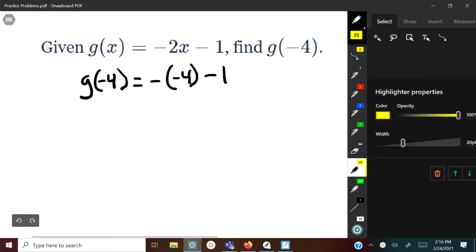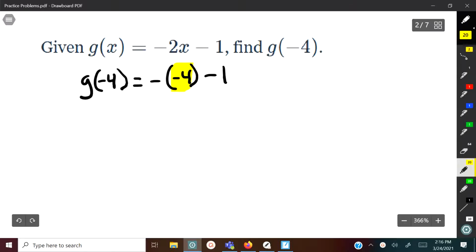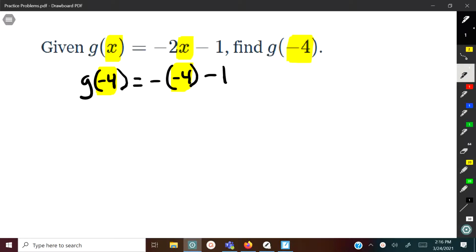So I'm putting a -4 for the x's. So now we just evaluate it from there. Oh, I left something off. Let me fix that. This is -2. There we go. Now we've got a -2 times -4.